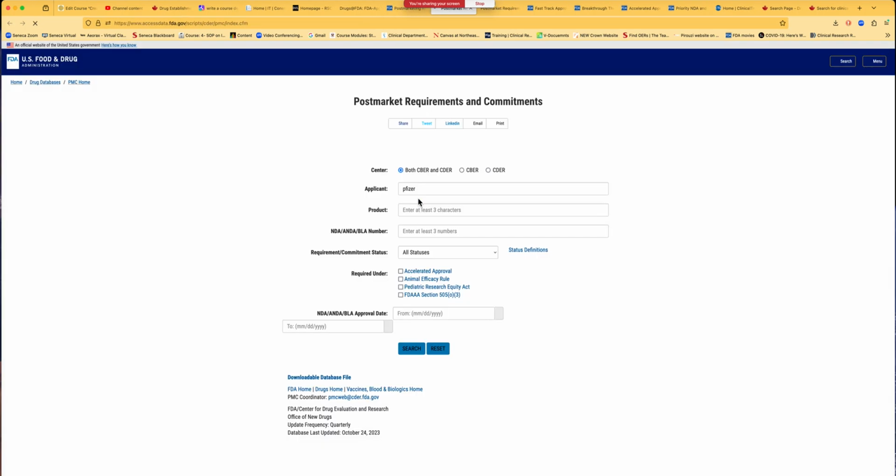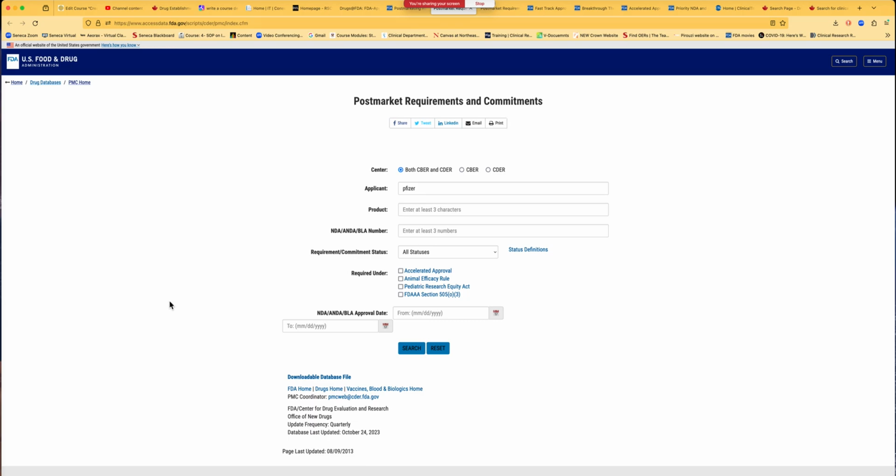So if you would like to do some search, we can look into the database. I just wrote here, for the post-market requirements and commitments, I would like to know what my competitor, Pfizer, is doing, how it's doing. So here, I can choose the name, the product, or maybe I would like to have all of the products.